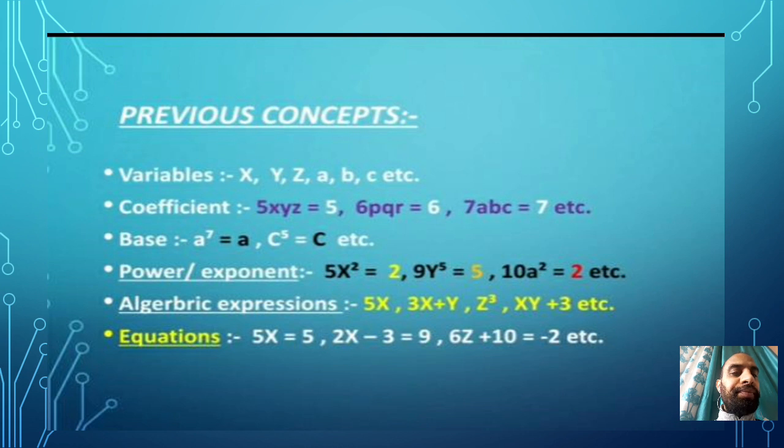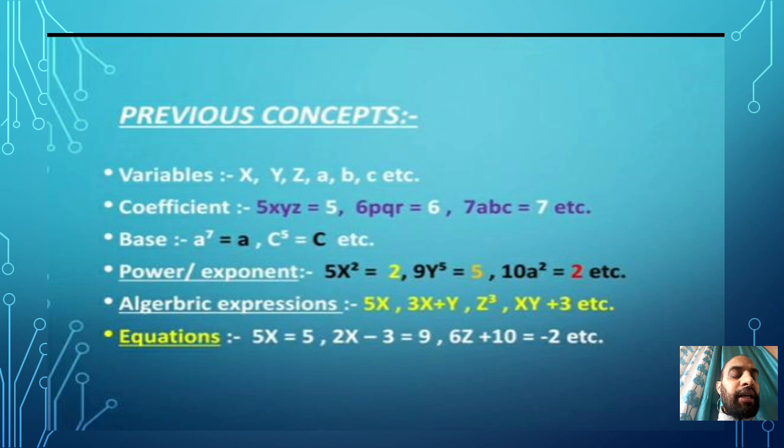Then you have studied in class 8 about algebraic expressions. An algebraic expression contains variables as well as constant numbers along with some signs. Here you can see first is 5x, that means 5 is multiplied into x.